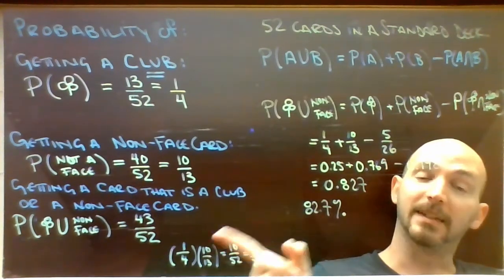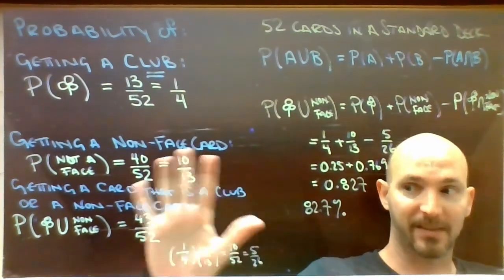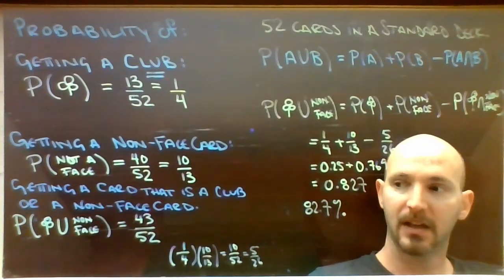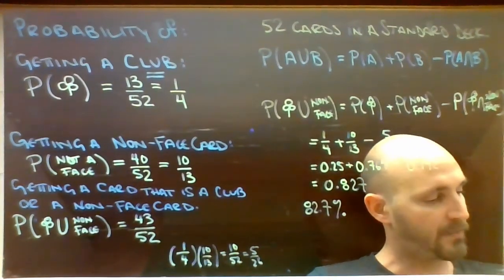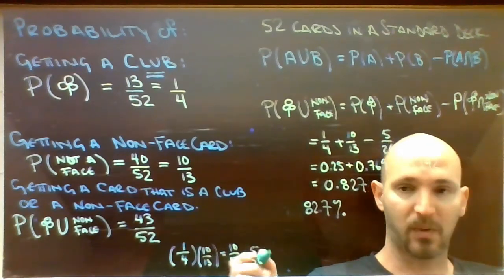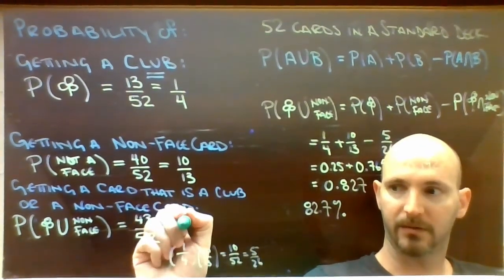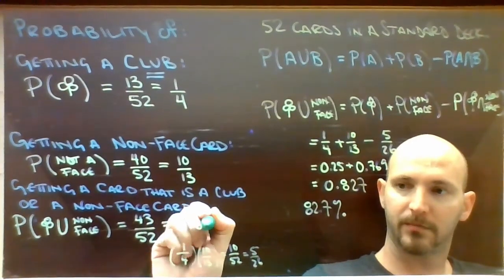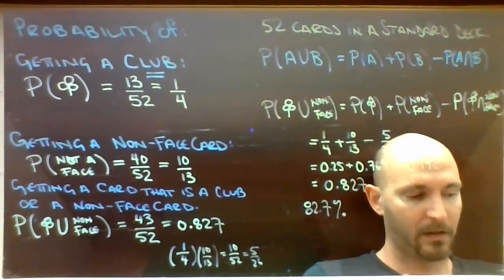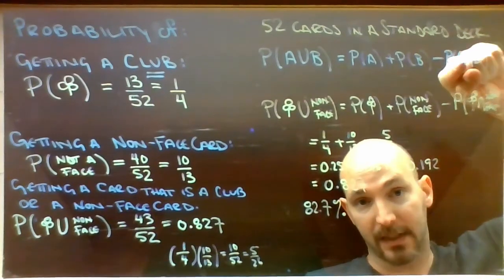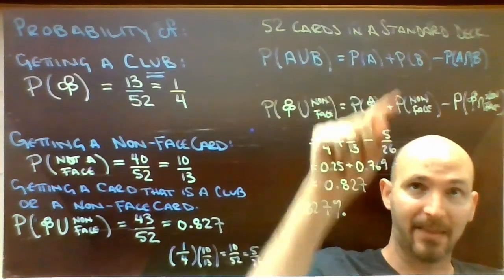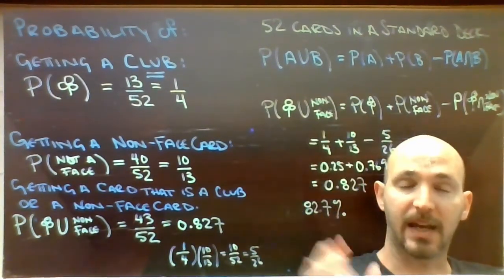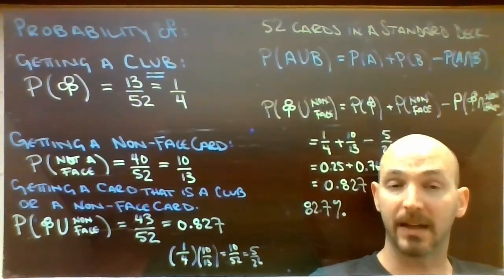When I looked over here in the last example, I happened to find my answer just sitting casually waiting for us to discover it. And so we're going to check this then. What is 43 out of 52? If I do that, 43 divided by 52, I end up with 0.827 if I round. So by adding this little correction in here, where I take out the double counting of things that are both this and that, I'm able to calculate these probabilities for independent events.